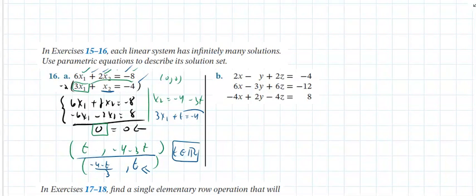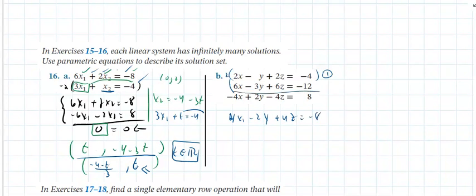And here, if I take the first equation, call this equation 1. If I multiply equation 1 by 2, and add it to this, that would be 4x1 minus 2y plus 4z equal to -8.